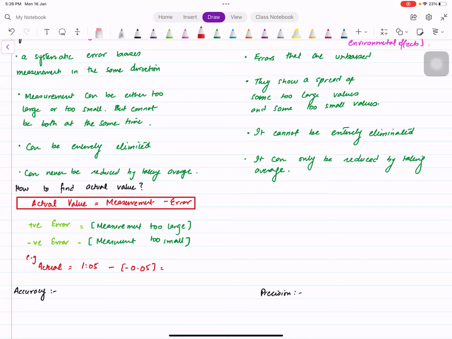So the actual reading would be 110. So what we need to understand is that the formula will automatically change the positive or negative sign depending on what kind of error this is. We just need to see if the error is causing a larger value in the measurement or a smaller value. That's what we should focus on. All right. If you have any questions, please let me know.